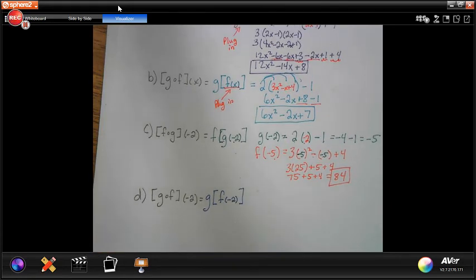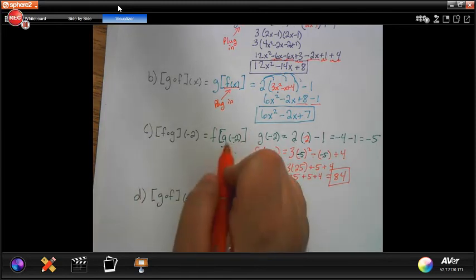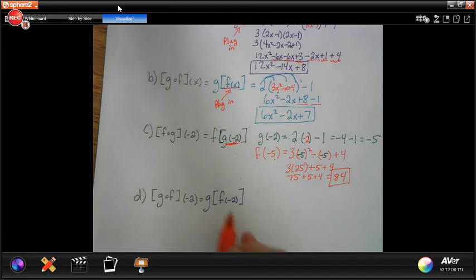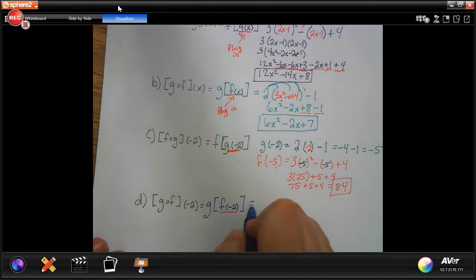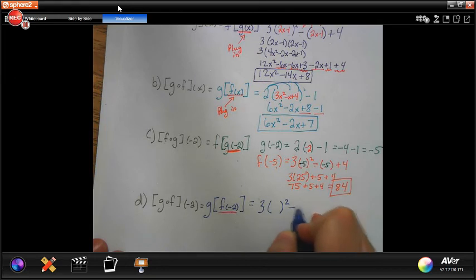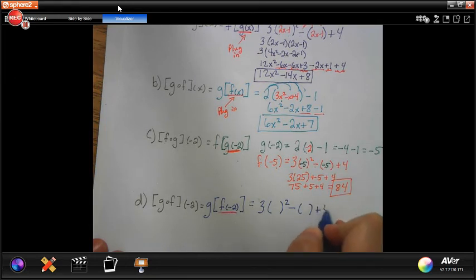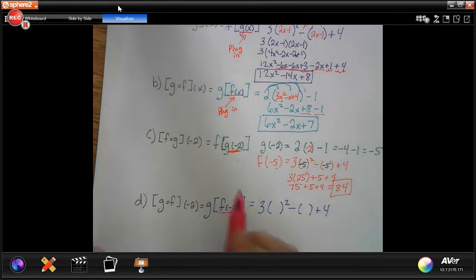So you start with the inside, work your way out. So here we started with the g function. Here we're going to start with the f function. Okay, so starting with my f function, 3x squared minus x plus 4. I replace x's with my plug-in. My plug-in is -2.